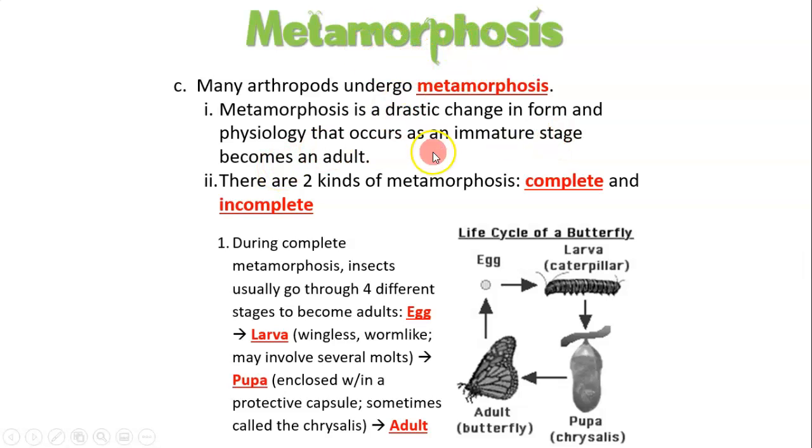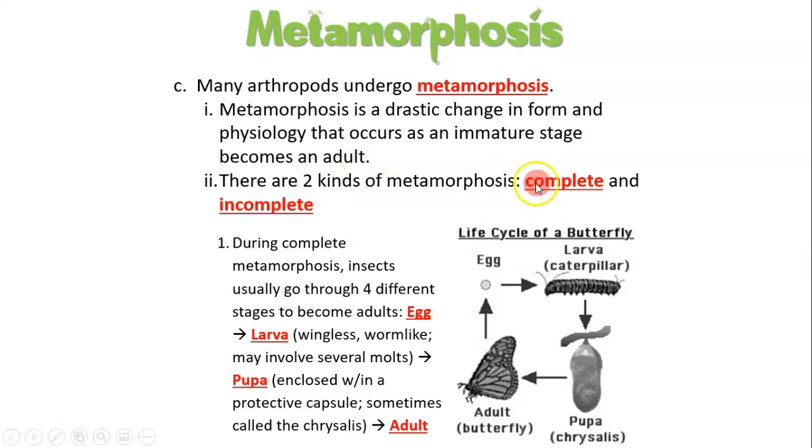And so when I think about something called complete metamorphosis, which is the traditional type of metamorphosis that most of us think about, that's when you have a caterpillar that changes into a butterfly. So that is a very drastic change in form. It's also a very drastic change in physiology. This animal, the caterpillar, can chew and eat leaves. This animal, the butterfly, doesn't chew. It has a long tube-like mouth structure called a proboscis.